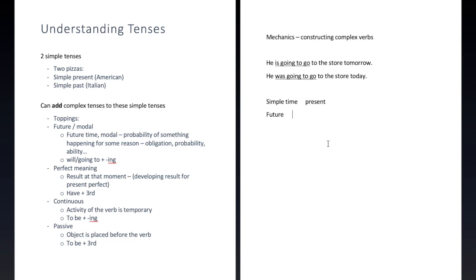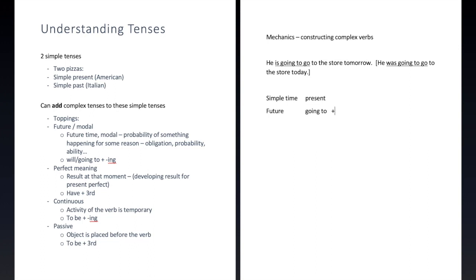All right, so if we come back to the mechanics of this, we've got the simple time, which is the present, and we have the future. This is what we're starting with, and this is all that we have so far. So far we're not overlapping anything except just the present and the future.